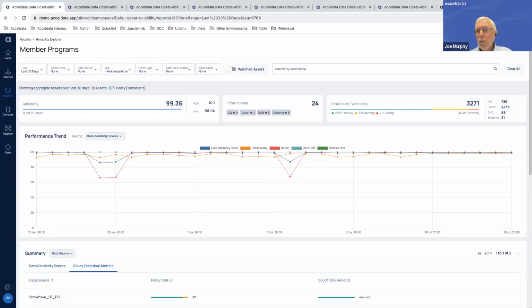Sure. We operate a SaaS platform, but honestly, it's a hybrid platform. The application I'm showing you is a SaaS application. However, we deploy what we call a data plane, essentially a compute infrastructure, into our client's infrastructure. That is the only element that actually touches their data.